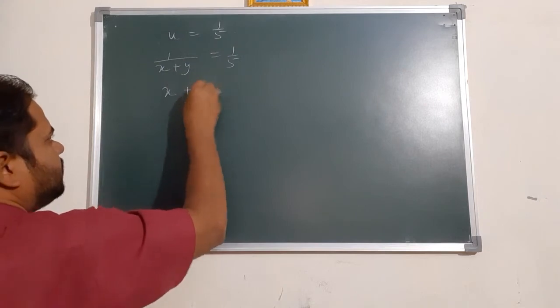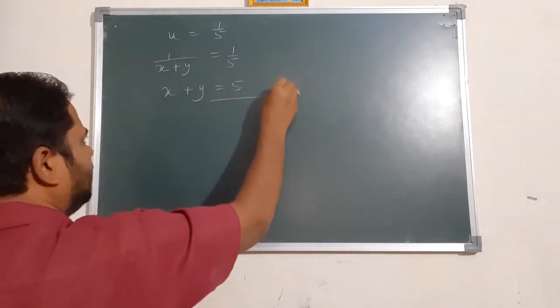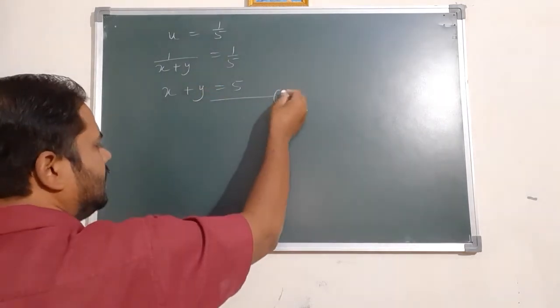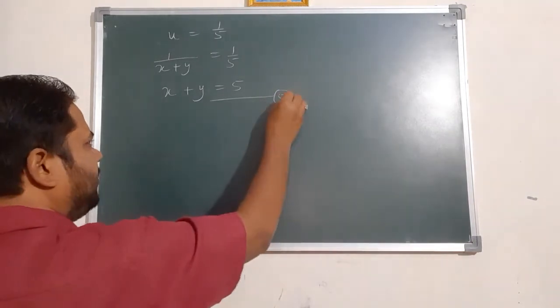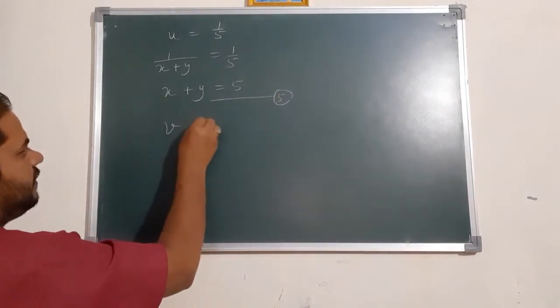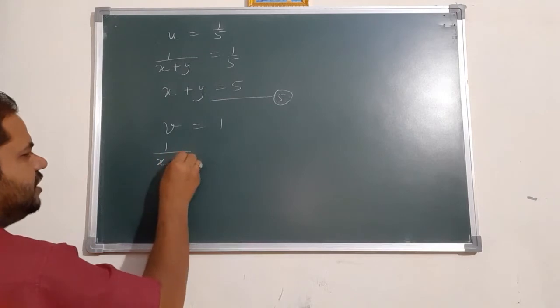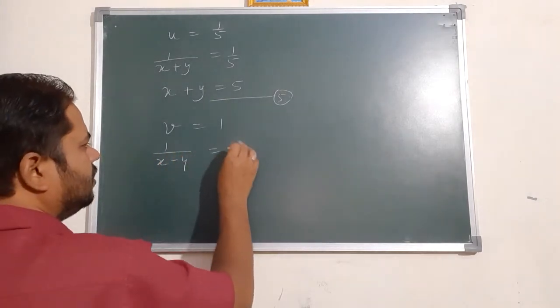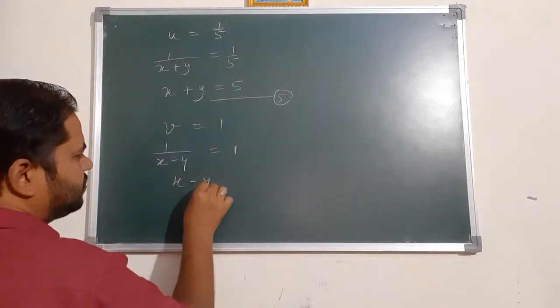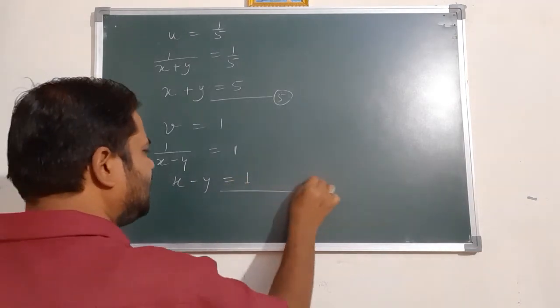So x plus y is equals to 5, equation number 5. Similarly, v is equal to 1, that is 1 upon x minus y is equals to 1. So x minus y is equal to 1, equation number 6.